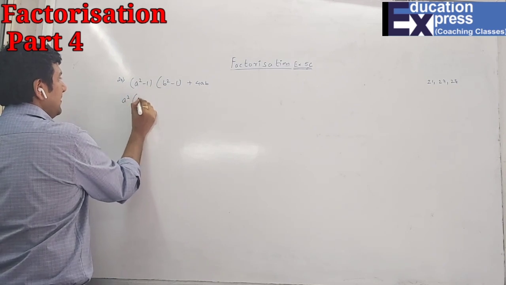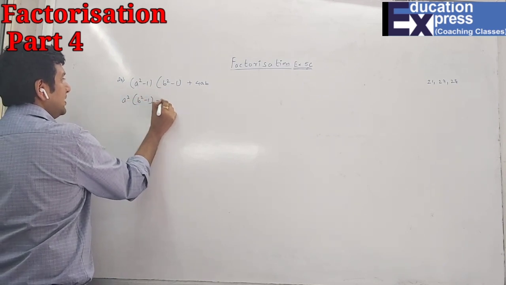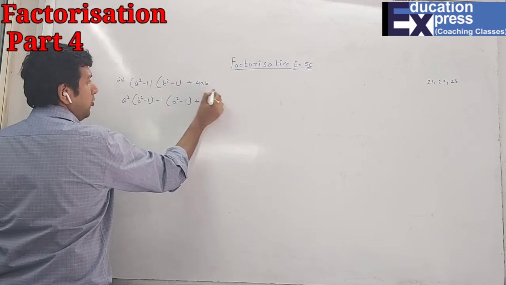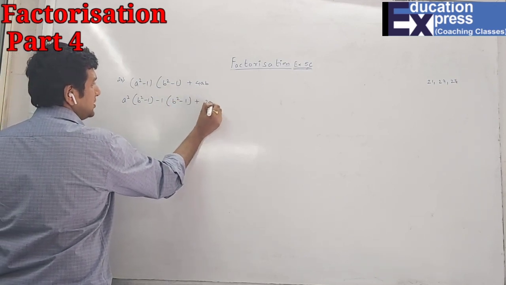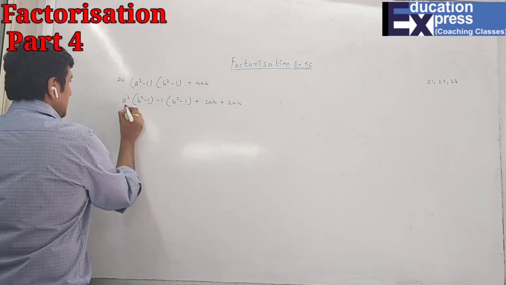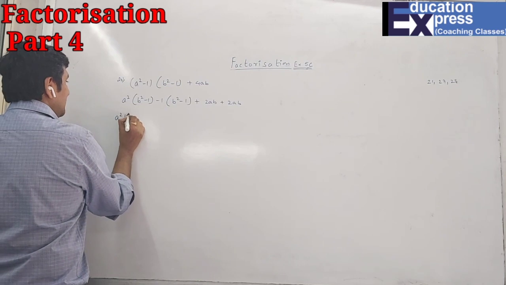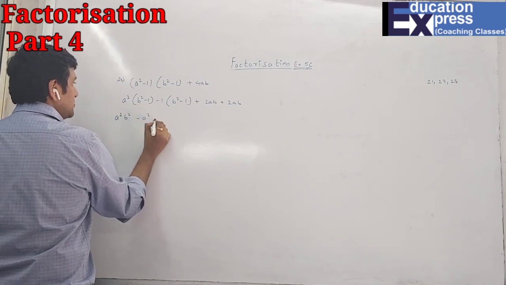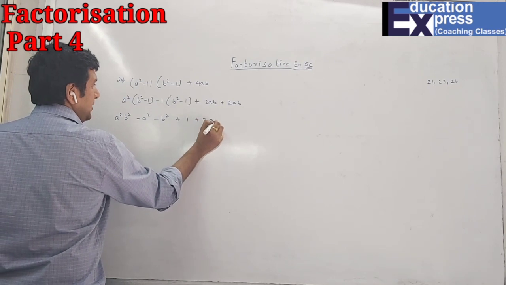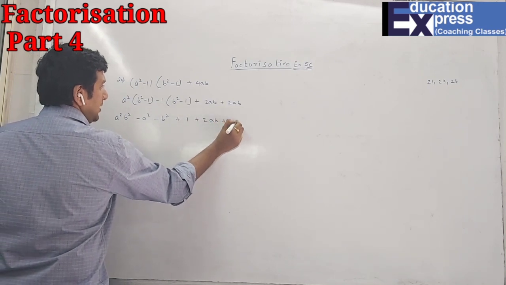So a square (b square minus 1), then again (b square minus 1), and this 4ab you write as 2ab and 2ab, into two parts. Now a square b square minus a square minus b square plus 1 plus 2ab and then plus 2ab.